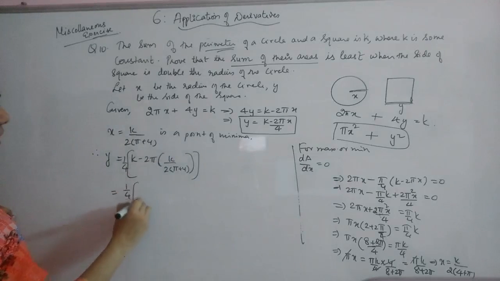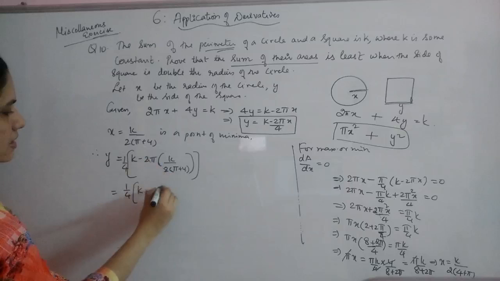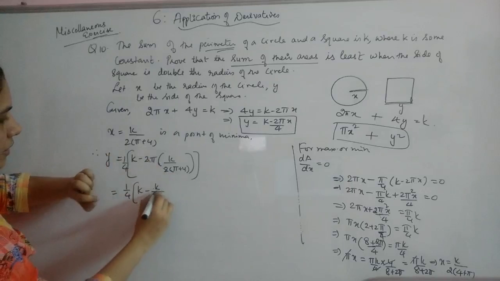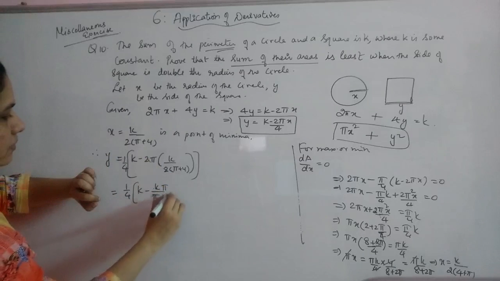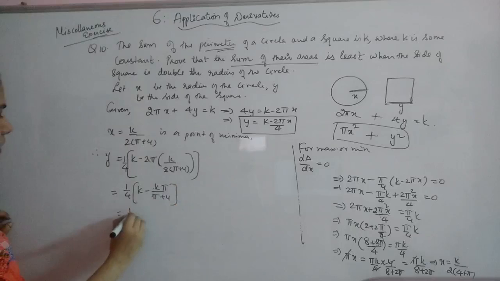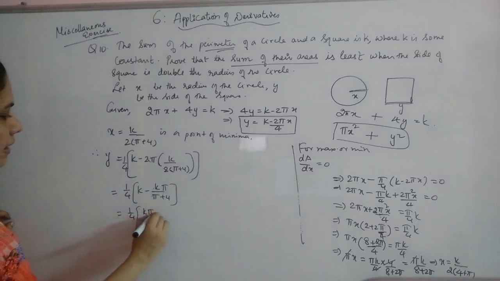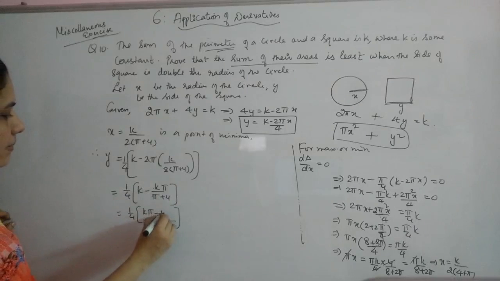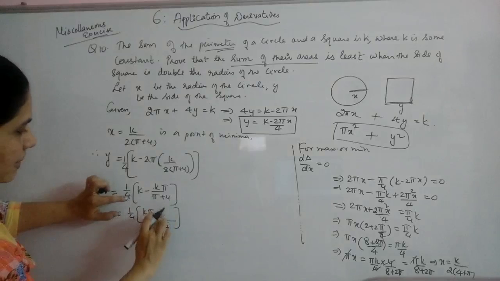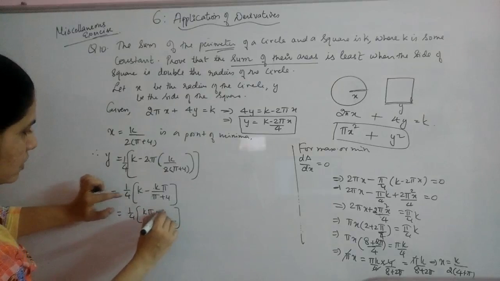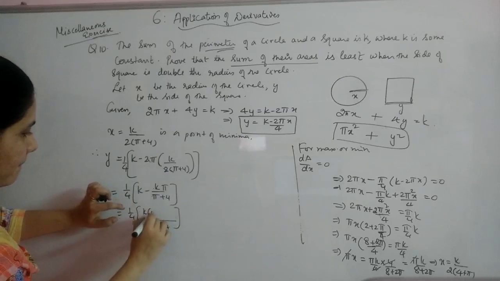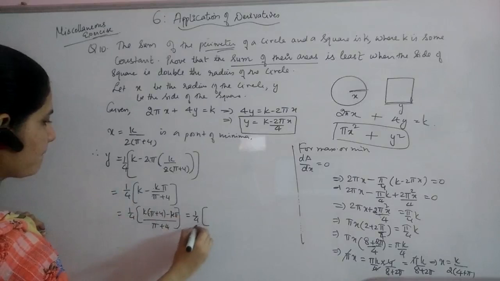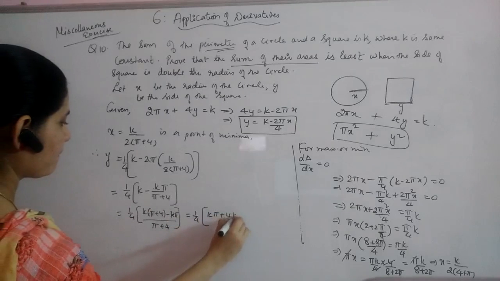So that 1 by 4 into k minus, this will get cancelled, k by, here what you are getting, pi plus 4. 1 by 4 into k pi, I am just taking the LCM as pi plus 4, so that this will become k pi plus 4k minus k pi.